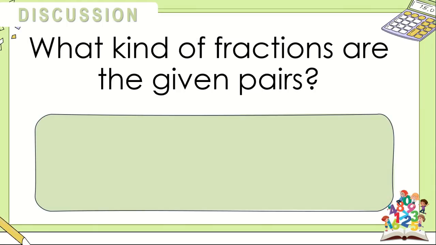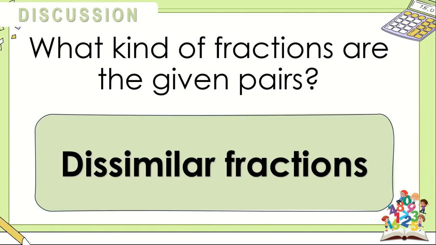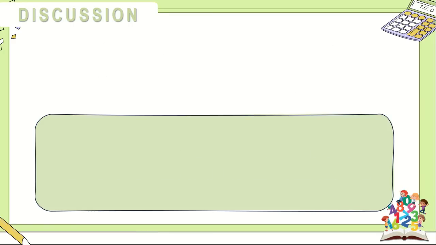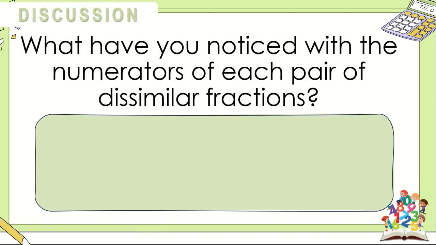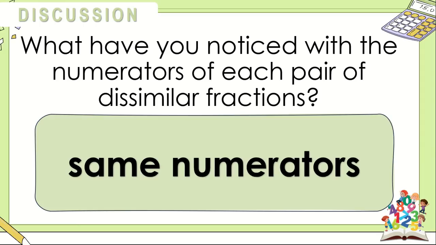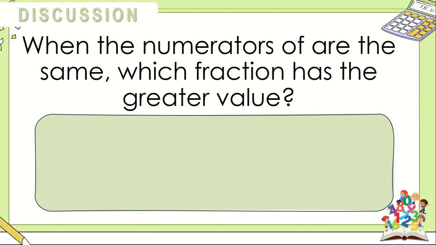What kind of fractions are the given pairs? Dissimilar fractions. What have you noticed with the numerators of each pair of dissimilar fractions? They have the same numerators. When the numerators are the same, which fraction has the greater value?